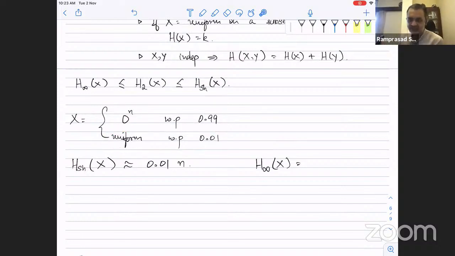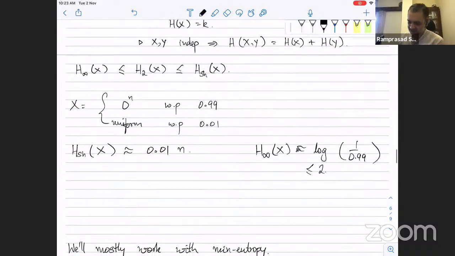Let's even ignore that little bit more. That already tells you that this is roughly equal to log of 1 by 0.99, which is at most 2 or so, some really small constant.